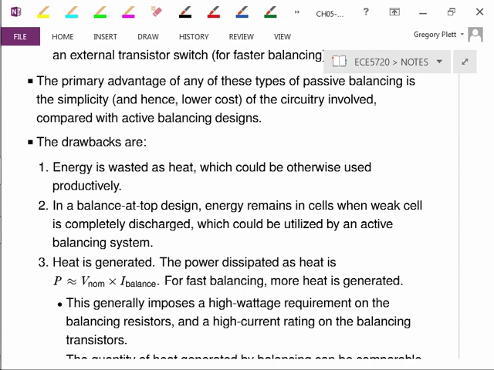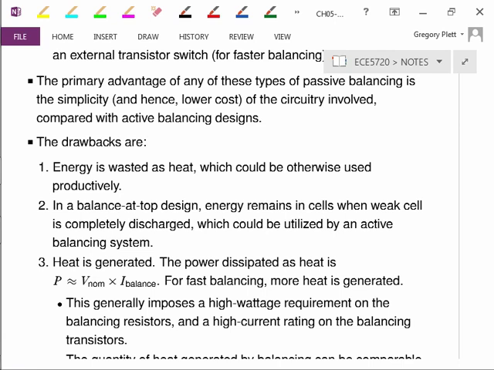And when we do our homework project on this, you're going to investigate if all I want to do is to keep cells balanced at a top state of charge. We're probably going to find that passive balancing is enough to do it. If I want the additional benefits of maximizing power and energy and things like that, then active balancing is going to have an edge. But you have to decide if the added cost is worth it for you.